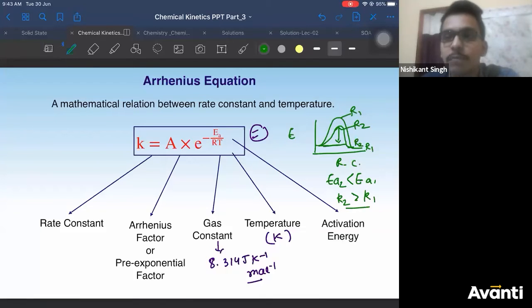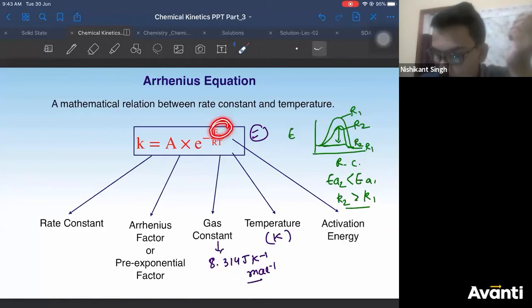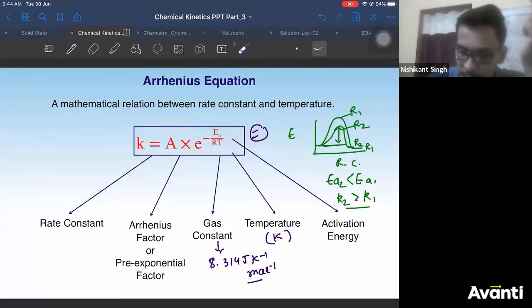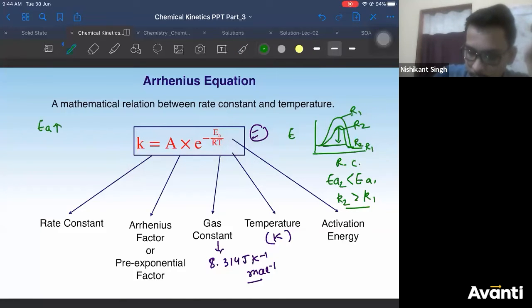You can understand this from here also. As you increase the activation energy, this value will increase, but it will increase in negative. Since it increases in negative, the rate constant will decrease. So as you increase activation energy, rate decreases. This is the first factor.